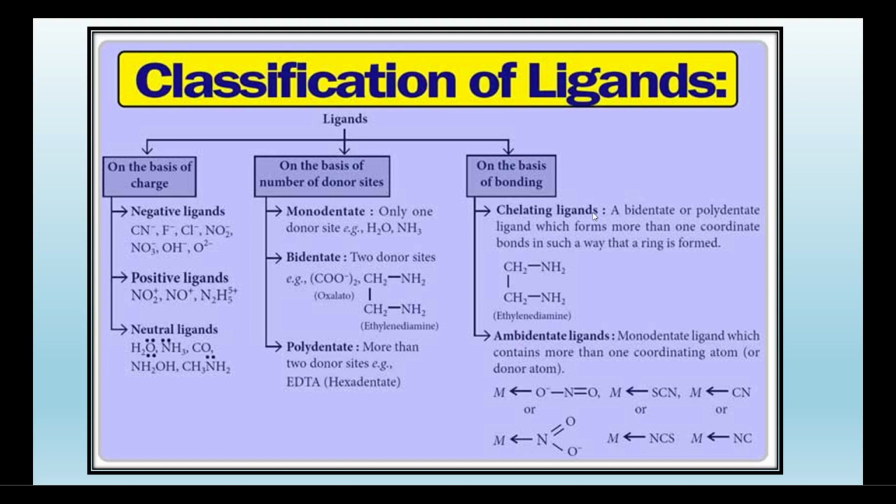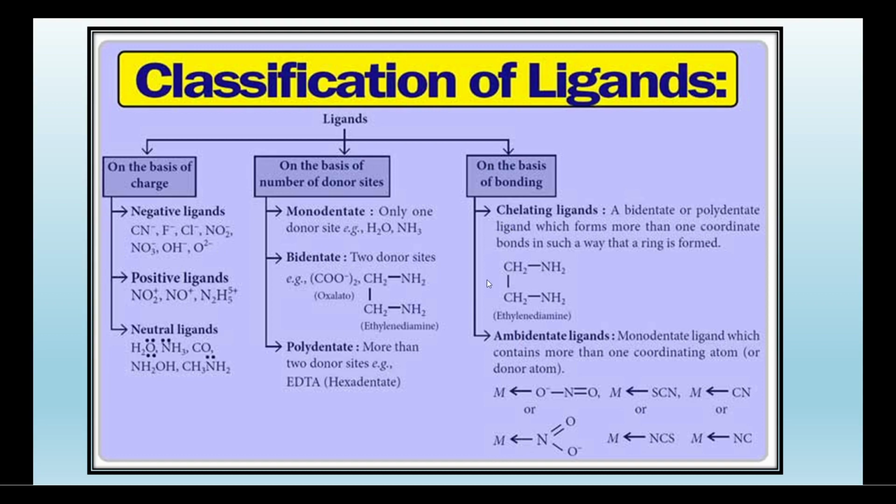This is how we classify the ligands on the basis of charge, on the basis of the number of donor sites, and on the basis of bonding. Different criteria are followed to classify the respective ligands.